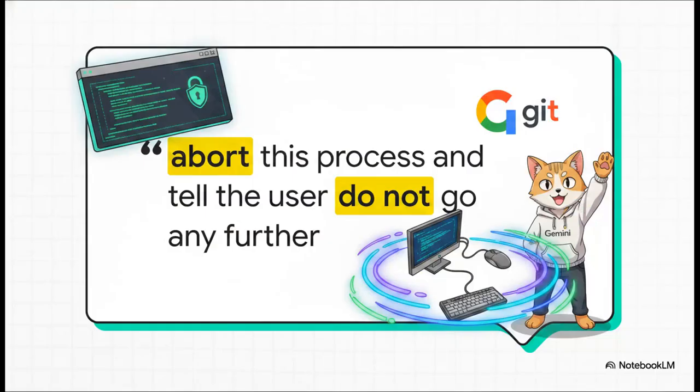And check this out. Notice how we use natural language to build safeguard guardrails. Before Gemini writes even a single line of code, the prompt tells it to check the git status. Like the quote says, if there are uncommitted, unstaged, or untracked changes, abort the process and tell the user to stop. You're using plain English instead of writing complex bash scripts to protect your uncommitted work. It's incredibly smart.